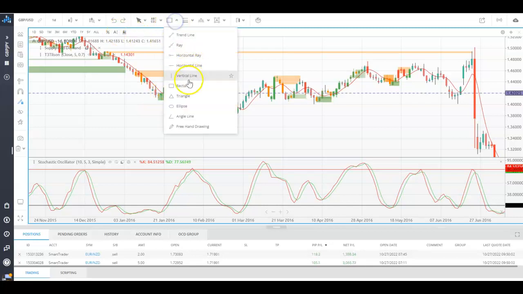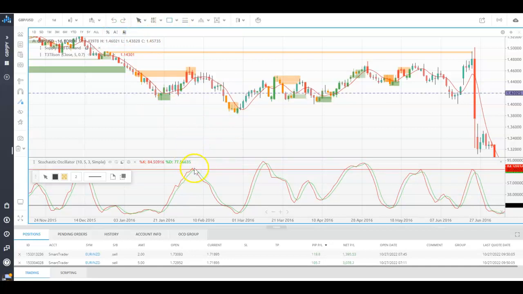And then I like to confirm my trade using the stochastics indicator. Overbought stochastics with an evening star. Notice that price rallied for over 500 pips prior to the evening star, and then sold off, gave everything back and more.